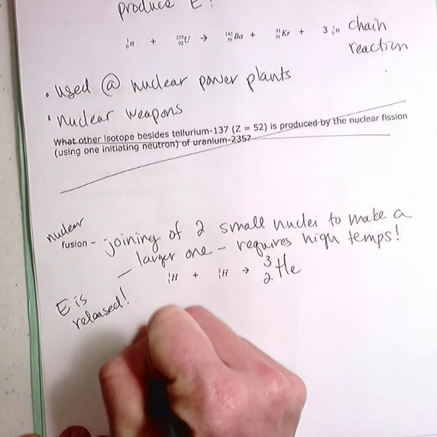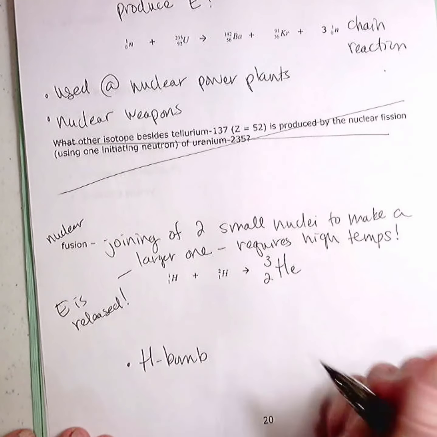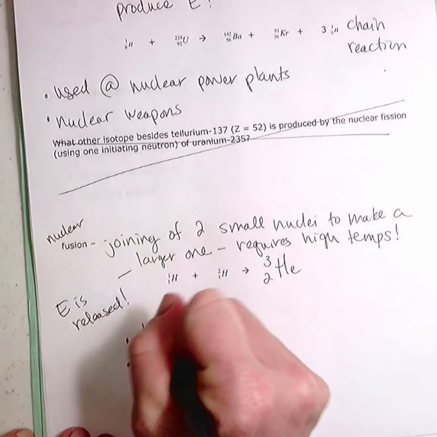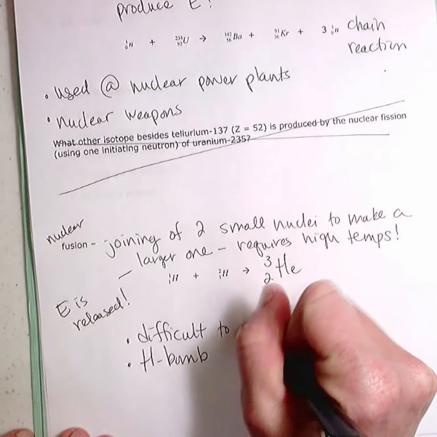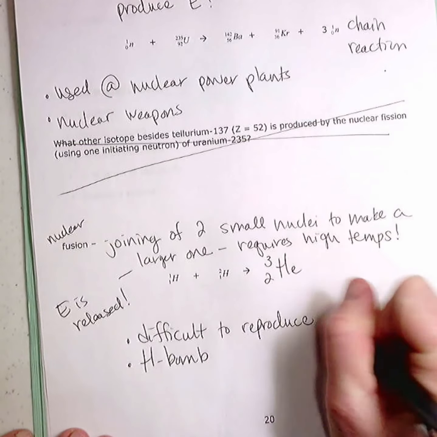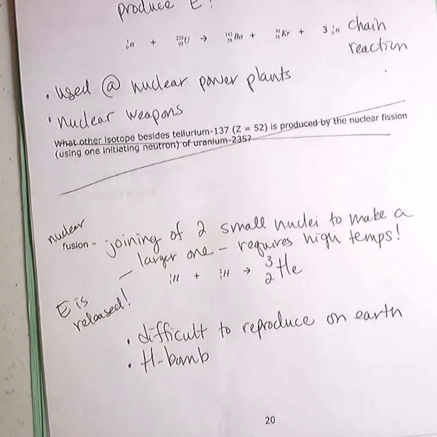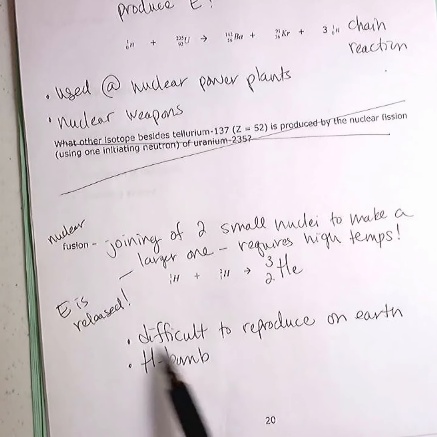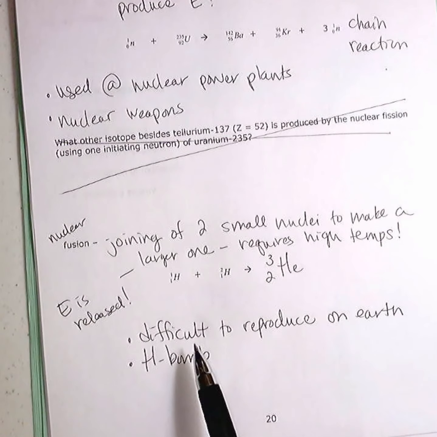So I'll put H-bomb, difficult to reproduce on Earth. In some movies, they talk about cold fusion, but it is highly unlikely that you can carry out cold fusion. It requires the high temperatures.